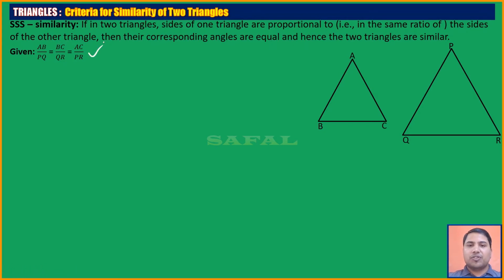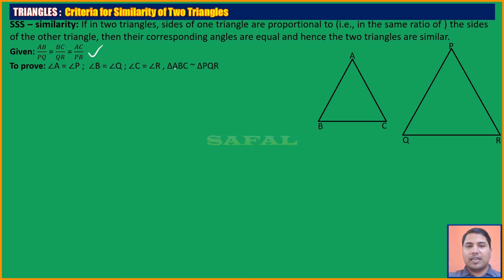We know that for two polygons to be similar, the two mandatory conditions are angles should be equal and sides must be proportional. Here we are given that sides are proportional. So if somehow I can prove that angles are equal, then I can say the two triangles are similar. So my entire focus is proving angle A equals angle P, angle B equals angle Q and angle C equals angle R.